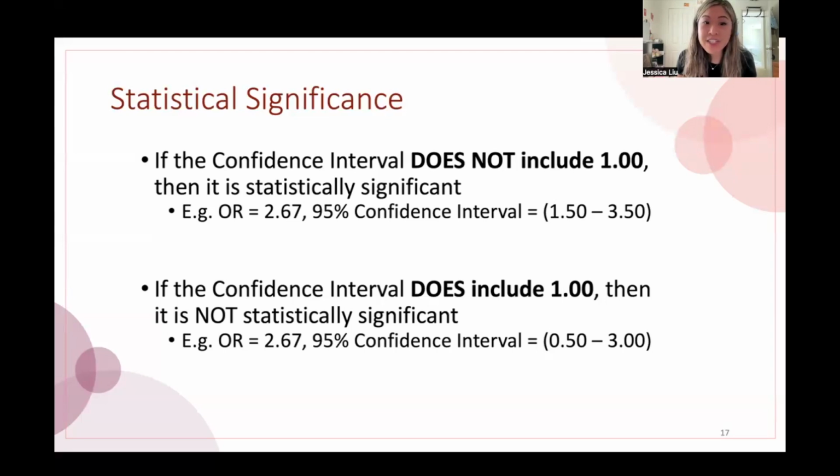Now, if your confidence interval does include 1, then it is not statistically significant. For example, for our odds ratio of 2.67, if your confidence interval was 0.05 to 3, then it would not be statistically significant because 1 is inside of that confidence interval.